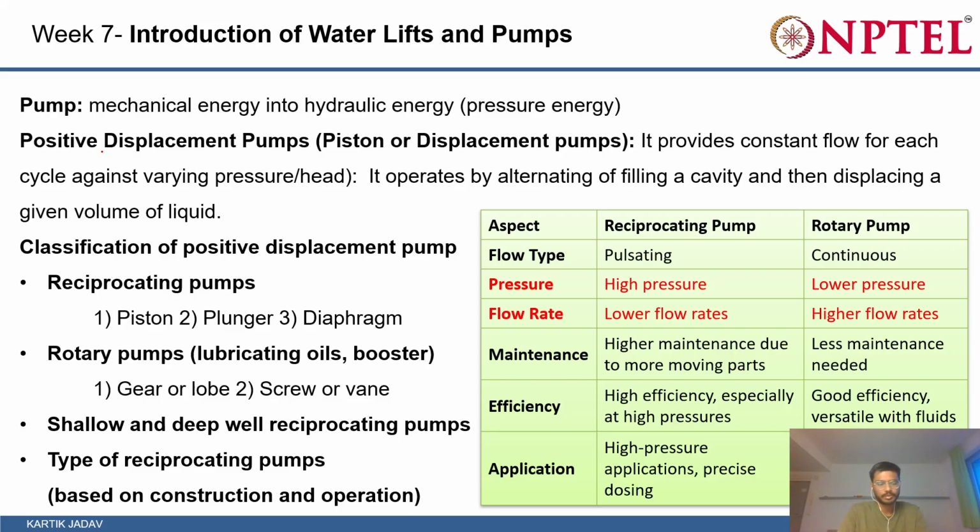And the first pump that comes into the picture is the positive displacement pump, right? A positive displacement pump basically has a piston or displacement mechanism, and it provides a constant flow in each cycle at varying pressure or head.